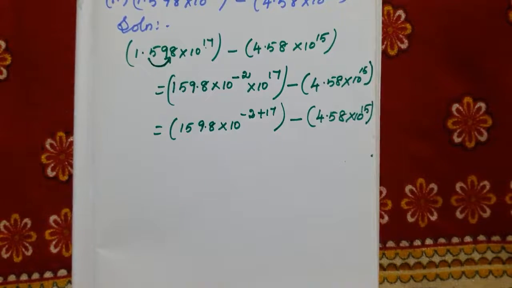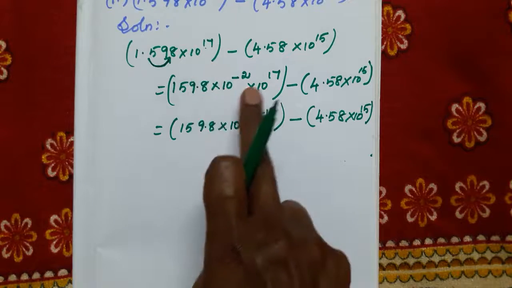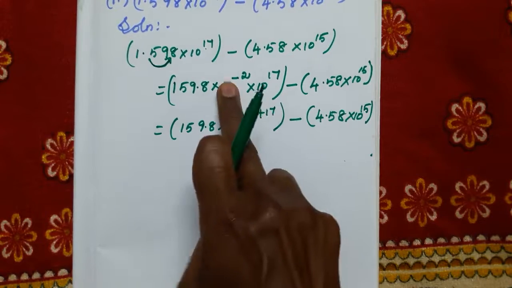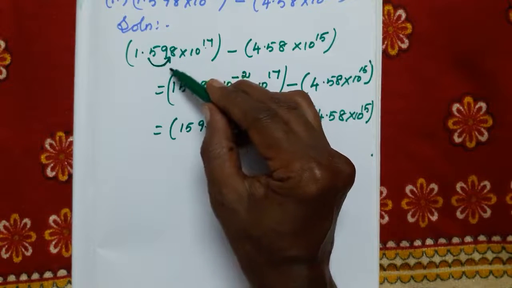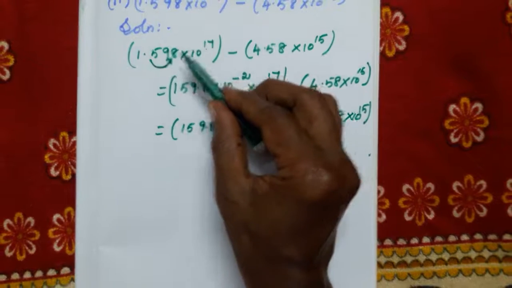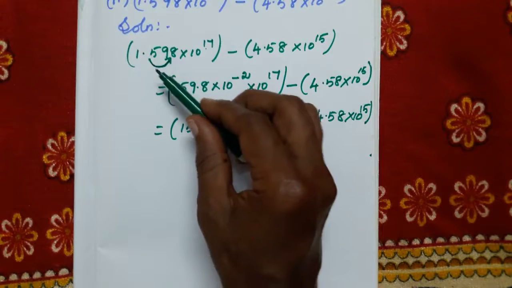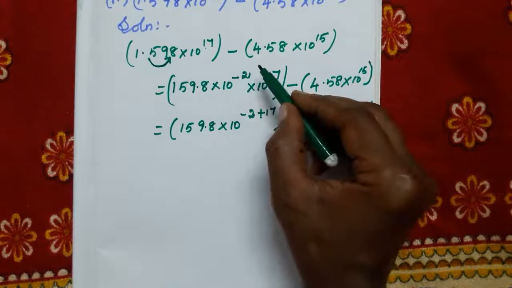Is it clear? For converting these both to the same power, for that only I have moved the decimal point 2 digits right. So 159.8 into 10 power minus 2. The decimal point moved 2 places right, so we write 10 power minus 2.